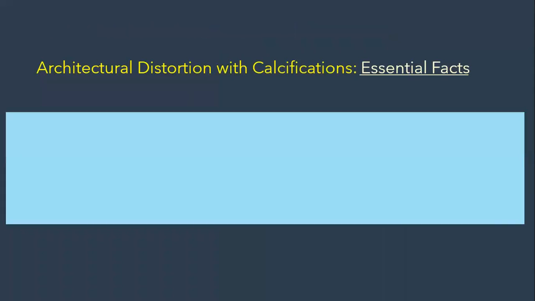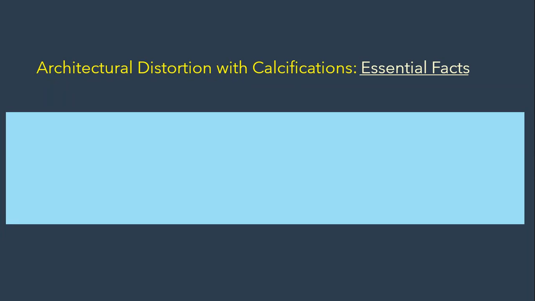Okay, what is the architectural distortion? What are the essential facts related to distortions and calcifications? Hint. The positive predictive value does not differ from that of architectural distortion alone.